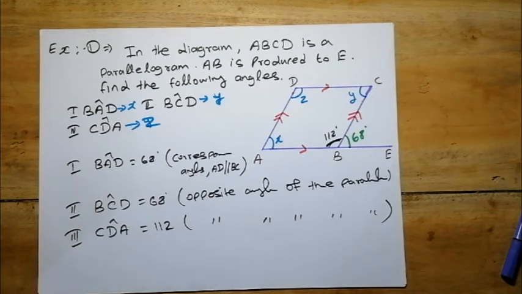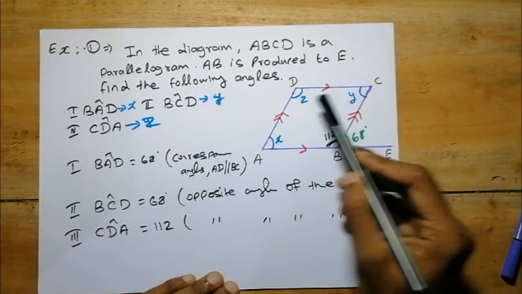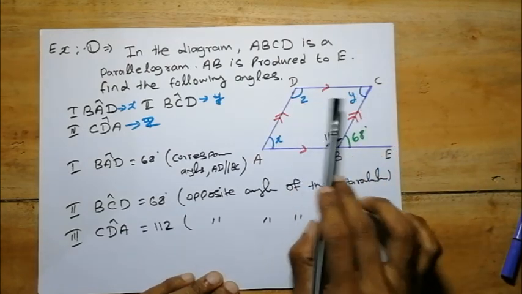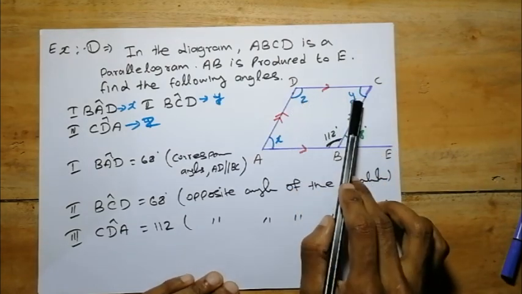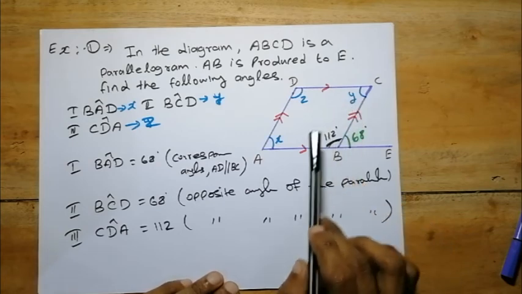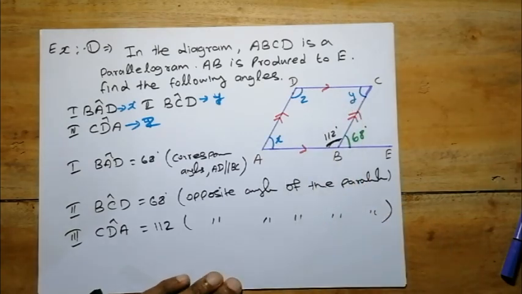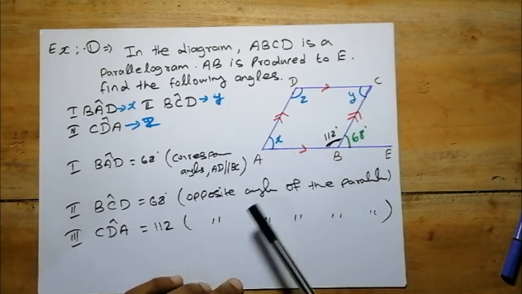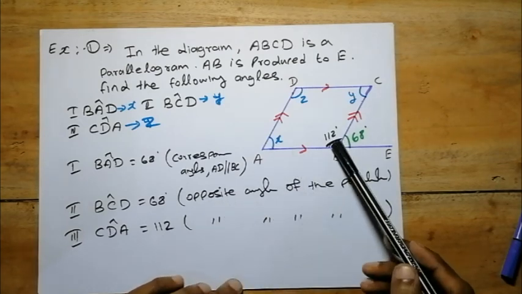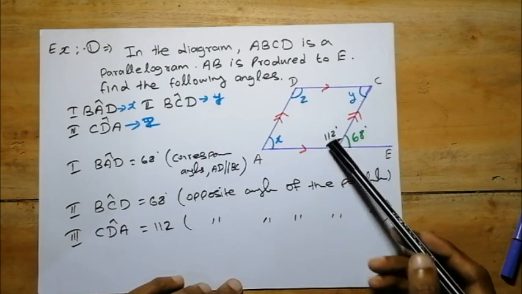Instead of this, we can use parallel lines also, because we have Y and we have Z. What about Z and Y? They are allied angles, and we can use that the sum of allied angles is 180. Instead of this we can use that, but since we are studying the properties of the parallelogram, the most suitable is to use the property. What is the property?